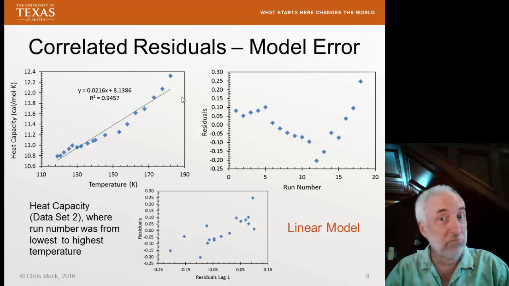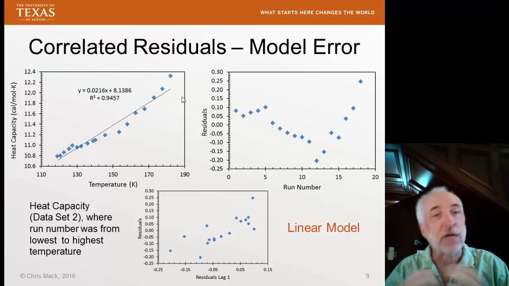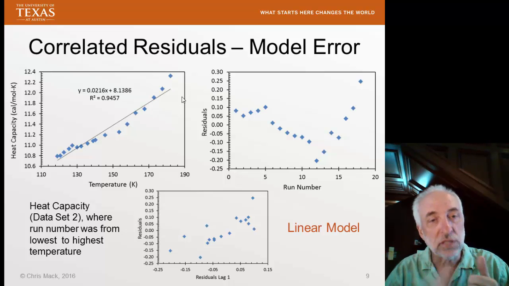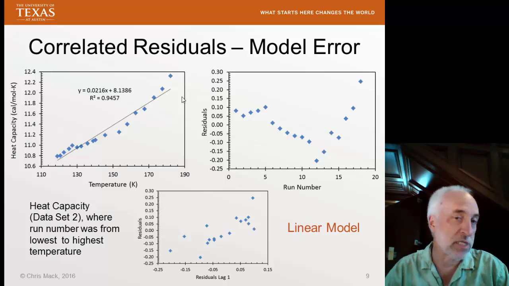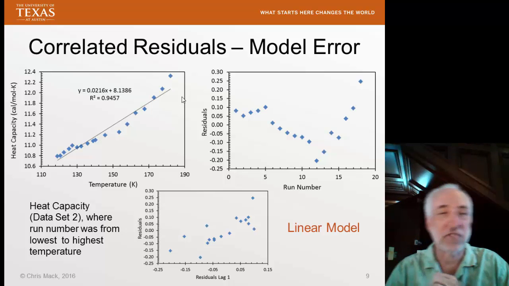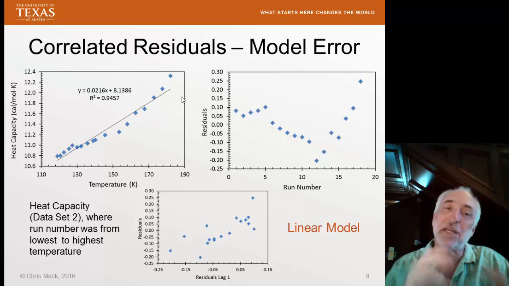In this case, I did what most experimentalists would do. I varied temperature systematically, and the run order equals the temperature order. I did no randomization. I have an oven, I heat it up to 115 degrees, I make a measurement. Dial it up to 118 degrees, I make another measurement.